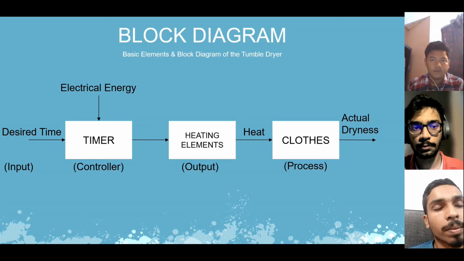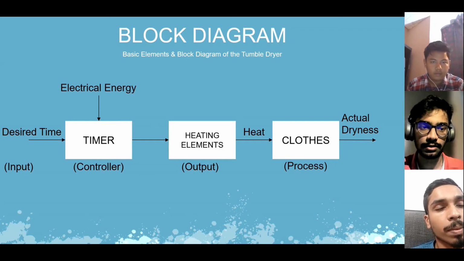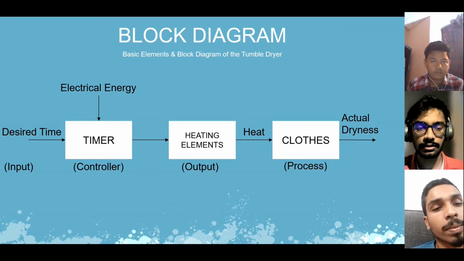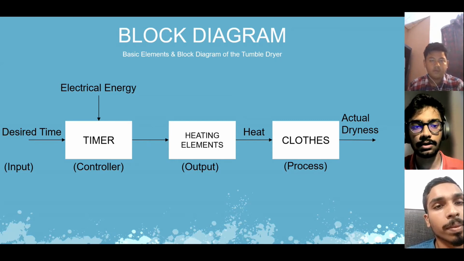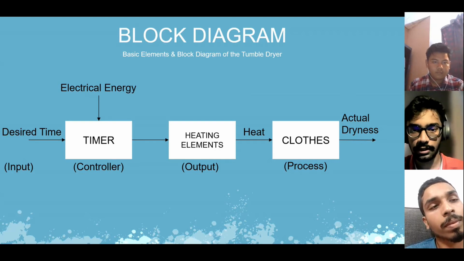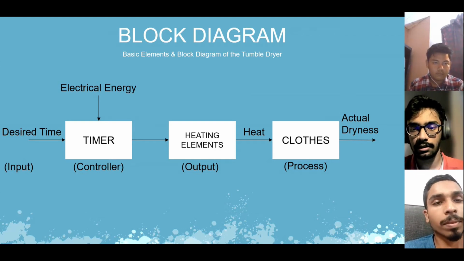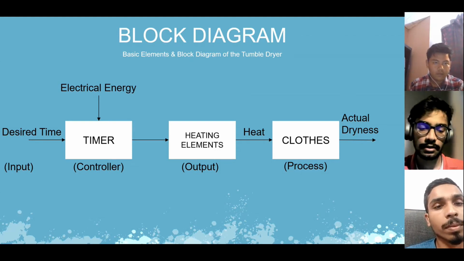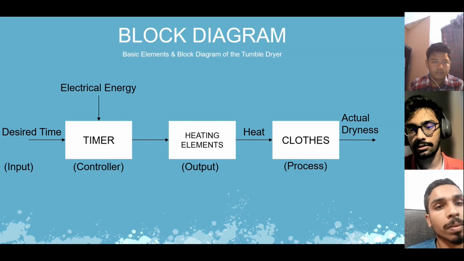Since this is an open loop system, the tumble dryer only works on the desired time that has been inputted into the tumble dryer. So the output, the clothes, may be dried or undried. We don't know.